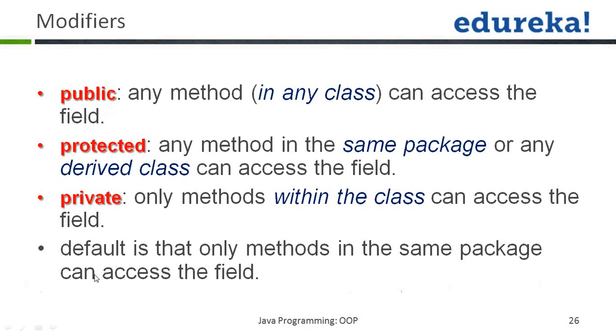In that case it will take the default one, in which that element can be used by the classes that are present in the same package. That will be the default one. So all of you, are you clear? Have you understood the access modifiers? Please write down in the chat window if yes.